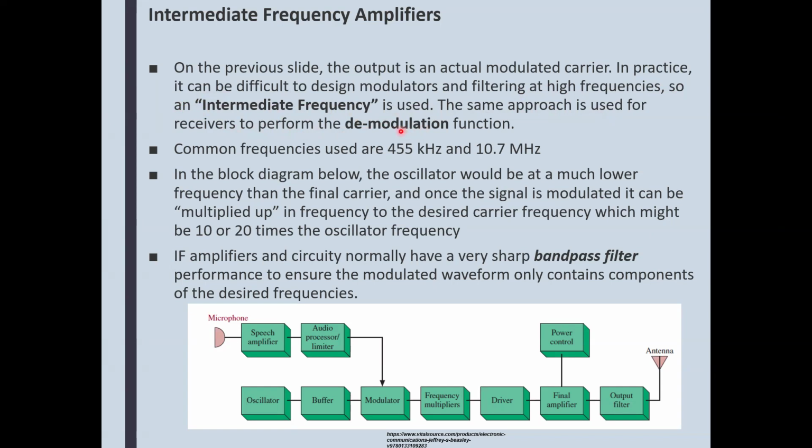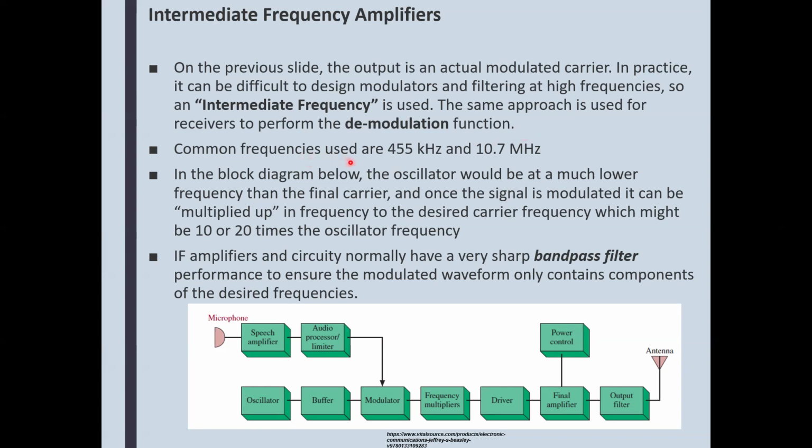So the intermediate frequency is being produced before the main carrier is introduced at the transmitting stage, and after the carrier is received in the receiving stage at the receiver, just to make sure, because it's simpler to design circuitry to process the signal with better quality.